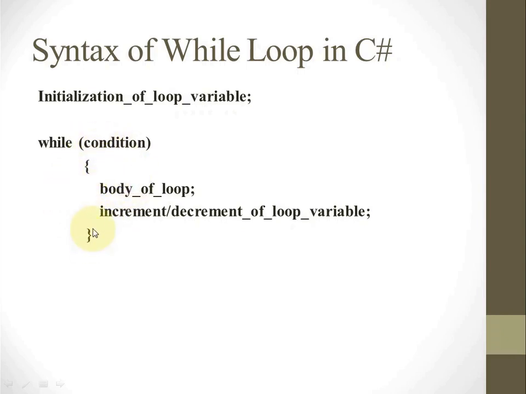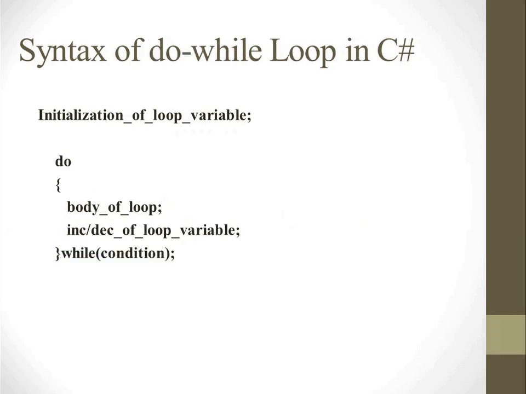Within the body we have the loop body and the incrementation or decrementation of the variable. Incrementation and decrementation depend on the situation, where you want to use it, at which line. It could be used at the start of the body, or in the middle, or at the end of the loop body. So this is the while loop.